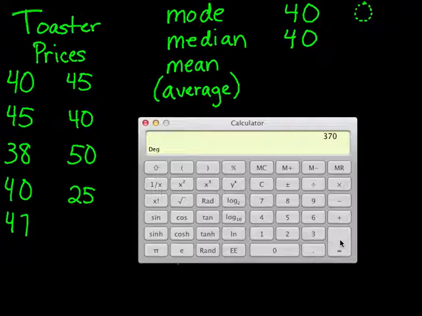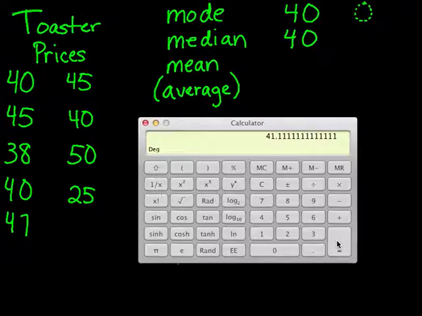370. Then once we have the sum of all the numbers from the set, we're going to divide by how many numbers there are. So in this case, we have 9 numbers, so we're going to divide by 9, and that equals 41.1 repeating.